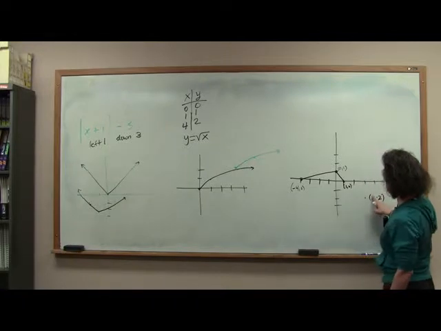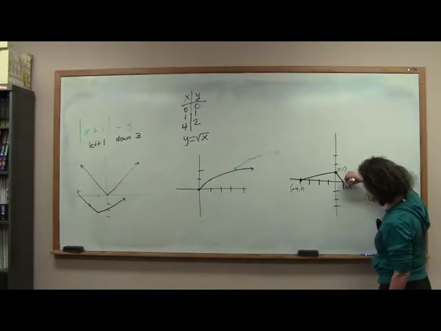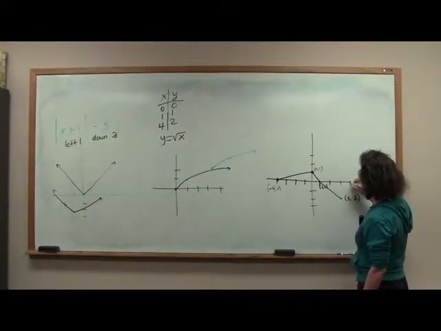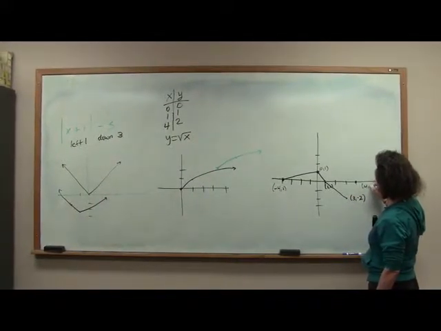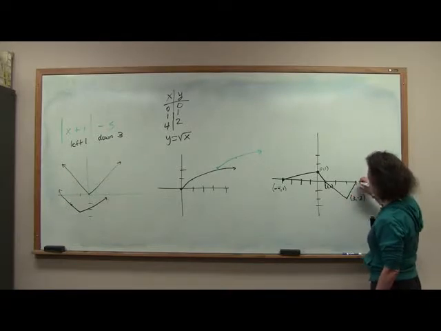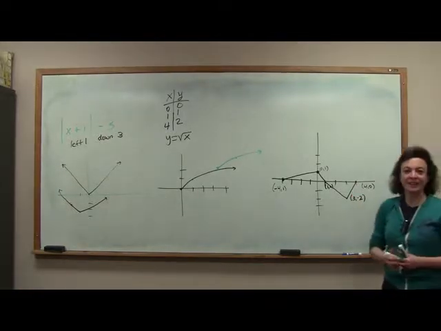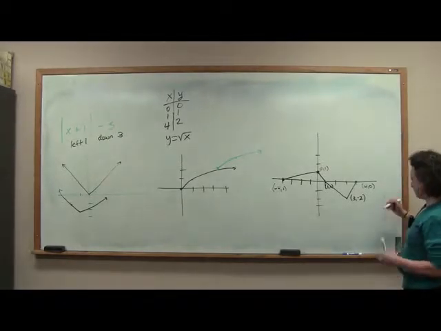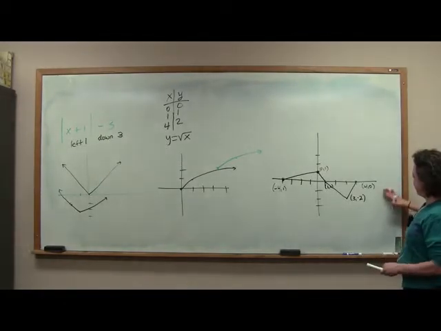Oh, excuse me, that's 3, -2. And then let's go to 4, 0. That's a cute little function. Okay, let us call this function f of x.